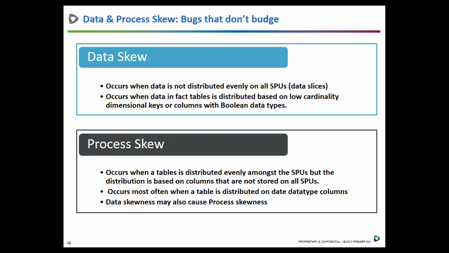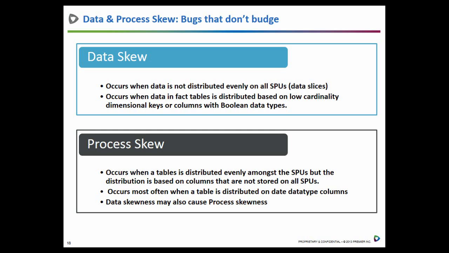But process skews also occur when you choose columns like date data type columns, right? When you use calendar date columns for your distribution strategy, you can cause a lot of process skew, because typically I am going to only retrieve data for 1 year or 2 years, let's say 2013 and 2012.